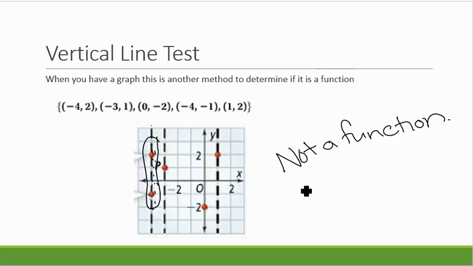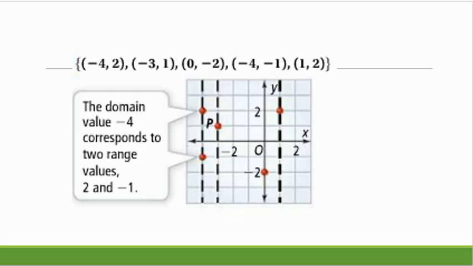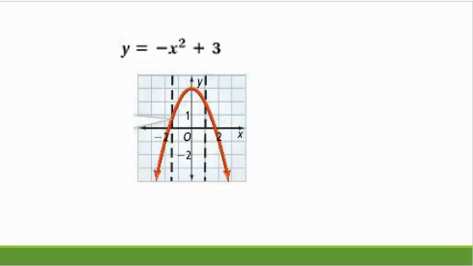So it's not a function. You have negative 4, 2, and negative 4, negative 1. So the domain value of negative 4 corresponds with two range values, 2 and negative 1, which is what we just said.